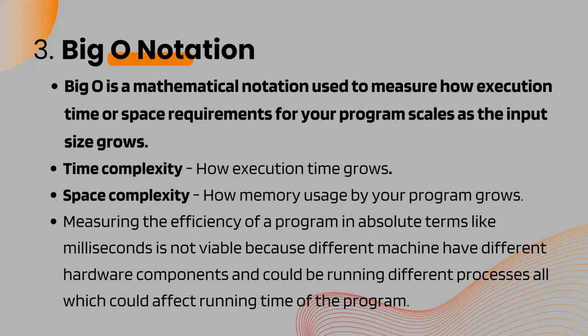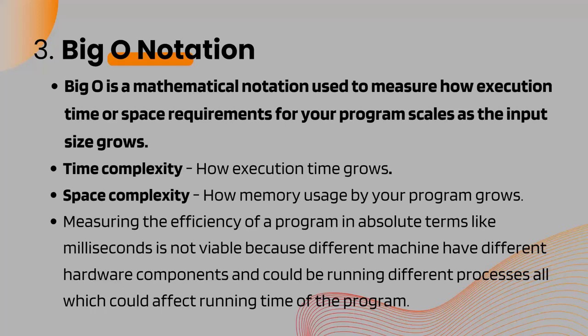You could measure time in absolute terms. You could say it takes 3 seconds or 3 milliseconds to run a certain program, right? Can we just do that and forget about big O notation? Of course, we cannot do that.